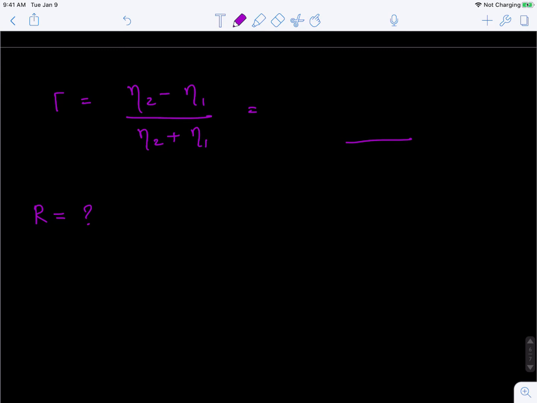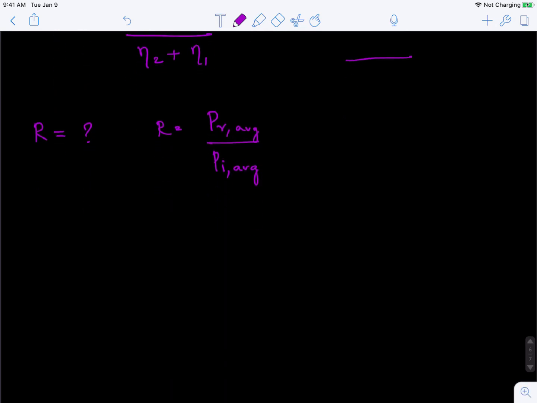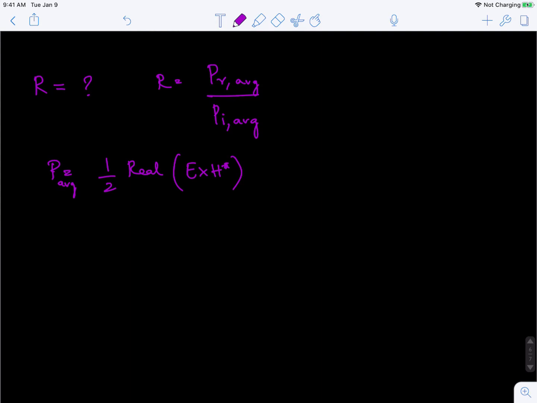So R is equal to the average reflected power divided by the average incident power. We know that the average power is calculated using the Poynting vector as half the real part of E cross H conjugate. So in this case, let's find out what P incident average is.